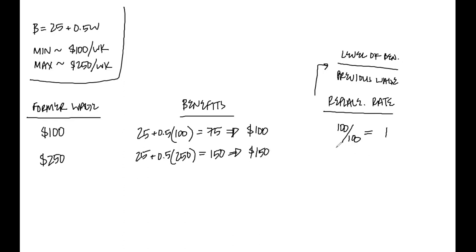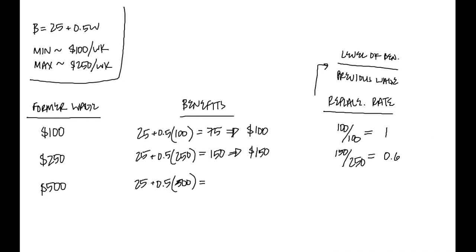And then looking at the replacement rate, that's going to be $150 in benefits over $250 of the weekly wage formerly. And that gives us a replacement rate of 0.6. And then finally, for the last person of $500, to find their benefits, 25 plus 0.5 times 500.